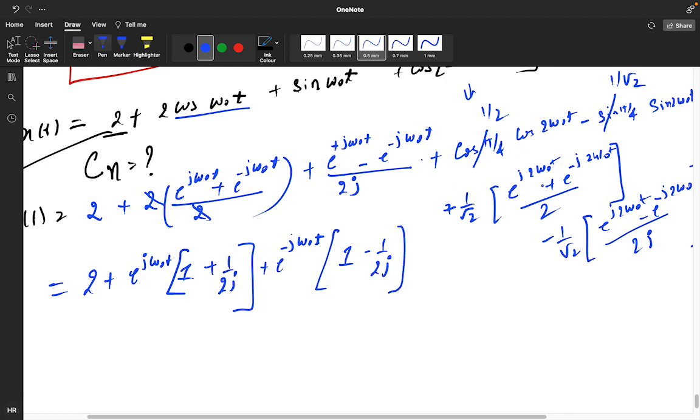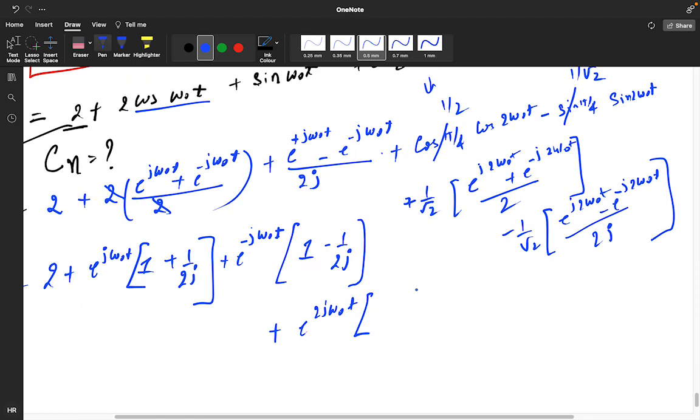Any other part? No. Now take e power 2j omega naught t. What are you getting? 1 by 2 root 2, minus 1 by 2 root 2 j.